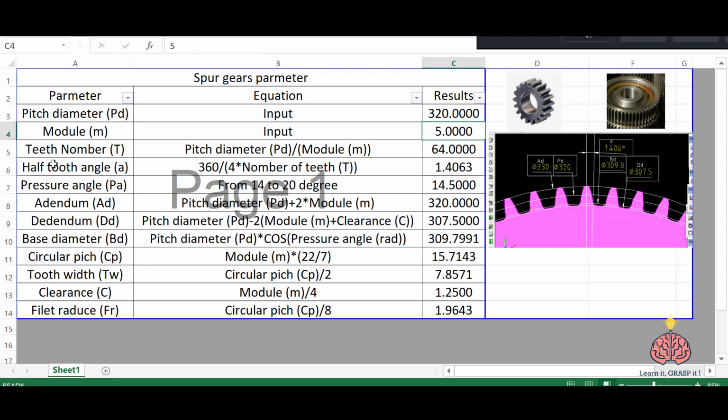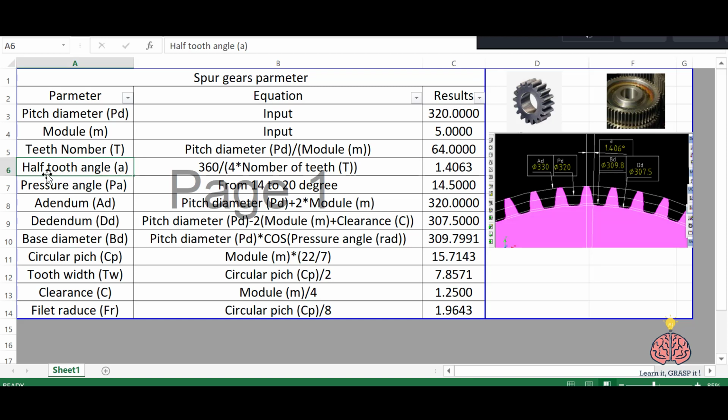In this case, our teeth number will be 80, but we can also use 5 millimeter module. In this case, teeth number equals the pitch diameter divided by the module, then teeth number equals 64.